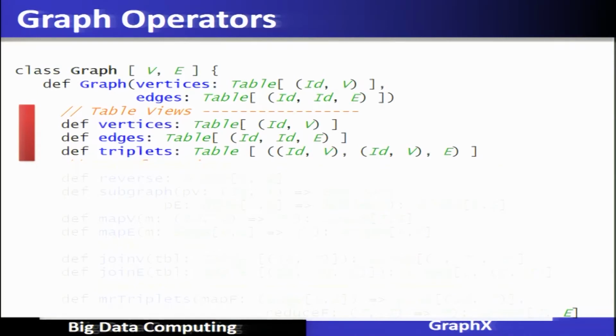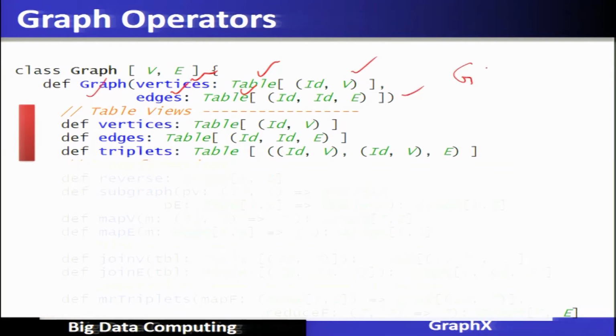So, the graph is represented as the vertices and the edges, whereas the vertices are represented as the vertex property table and the edges are represented as an edge property table, and these are represented together as the graph.